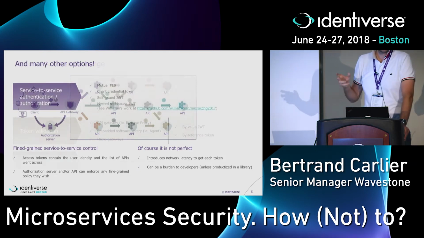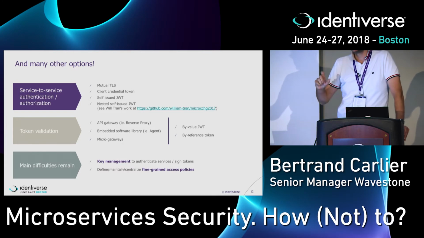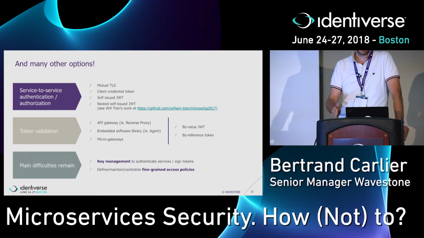And there are many other options. The idea here is to work on service-to-service authentication and authorization, and Prabhat provided some good examples of how to do mutual TLS connection at the network level, or how maybe you can use client credential tokens in addition to user tokens, or you can use self-issued JWTs like Prabhat mentioned.